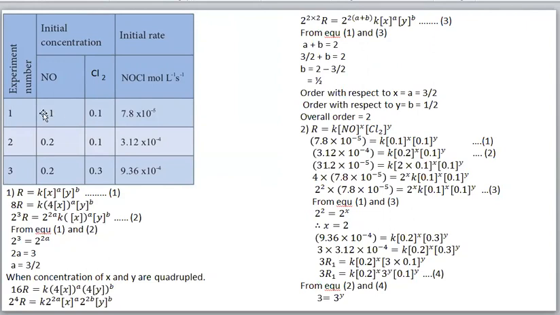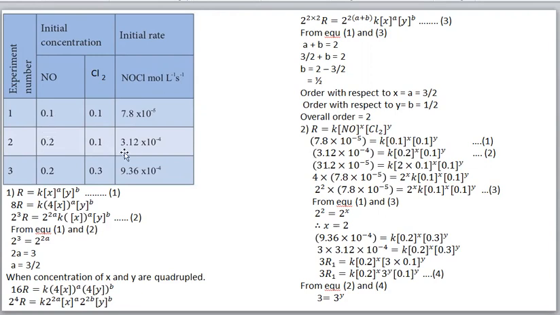Then substitute the given values. Rate is equal to 7.8 into 10 to the power minus 5. This value we can write equal to K into concentration of NO, that is 0.1 to the power X, and concentration of Cl2, that is 0.1 to the power Y. See, this is equation number 1. Then similarly, we can substitute the value of the second readings.